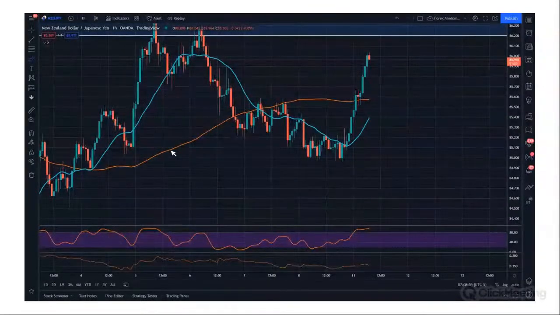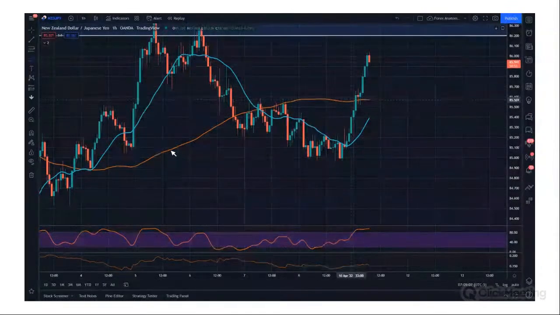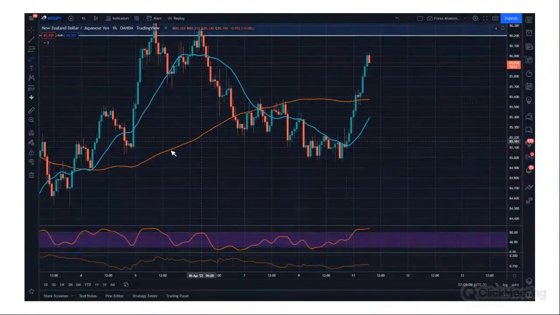So then Joe said structure support where the EMA 100 is at the moment. Exactly. Right here in this area. Thank you. For some of you guys that may not know, this is the SMA 100. I know Joe said EMA 100, but this is the simple moving average 100 line.